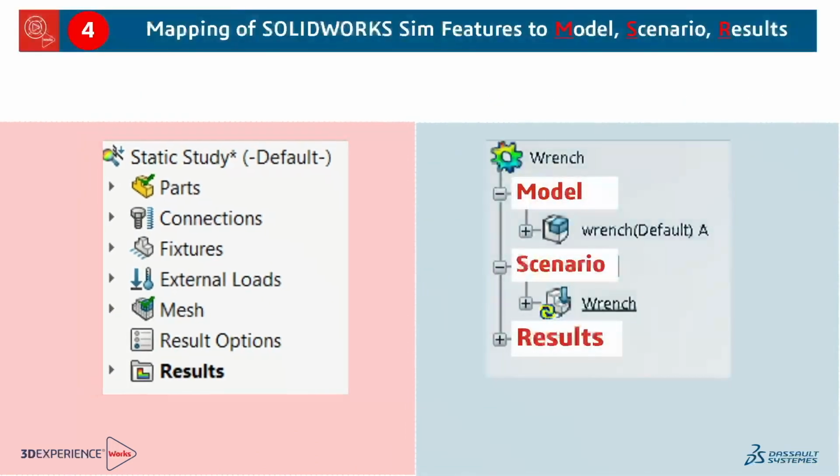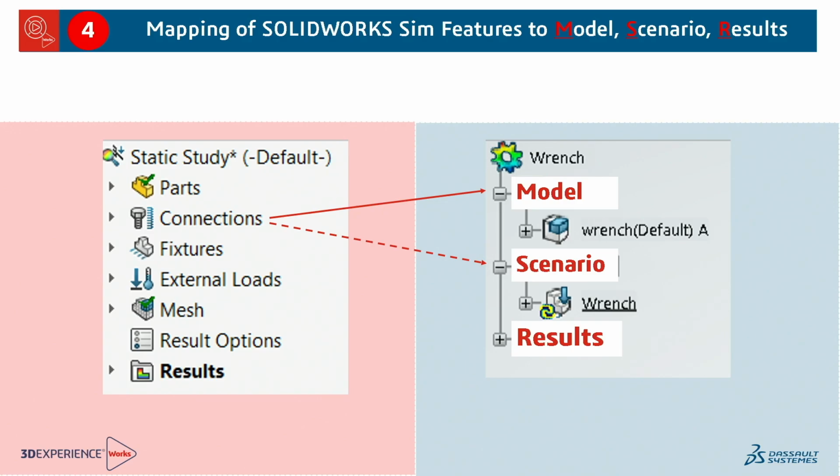So let's do the mapping of the SOLIDWORKS simulation features to this model scenario results. So parts, geometry, and mesh map into model. So again, model defines the object that you want to simulate. So the definition of the model. Next, the connection map to model and scenario.